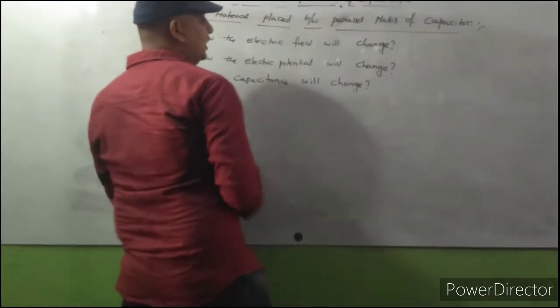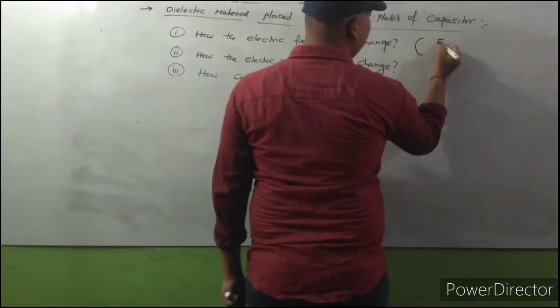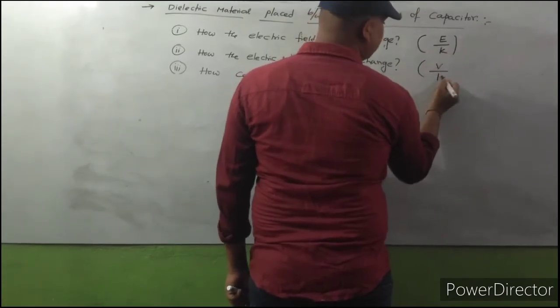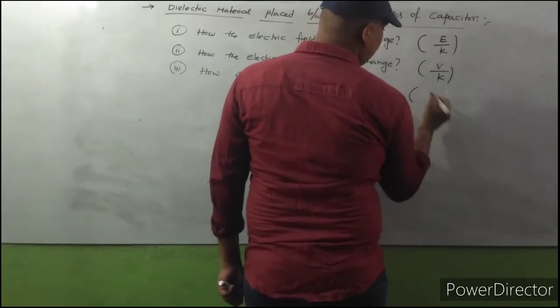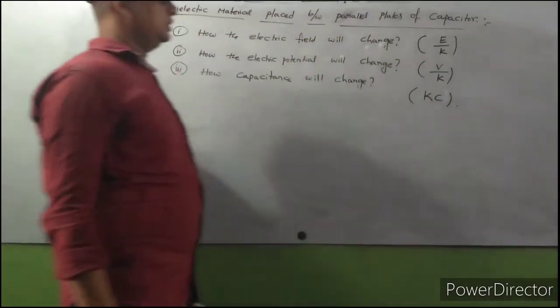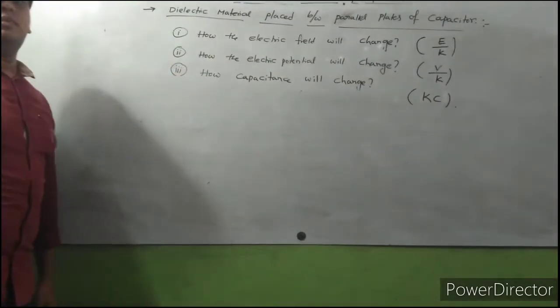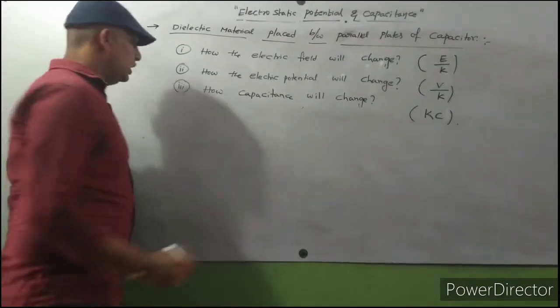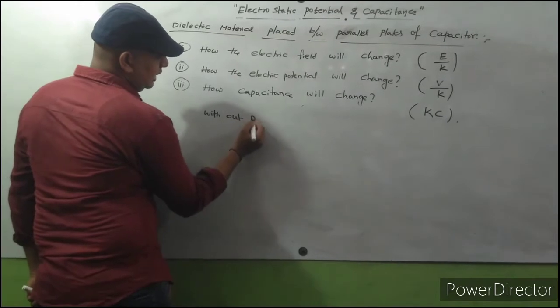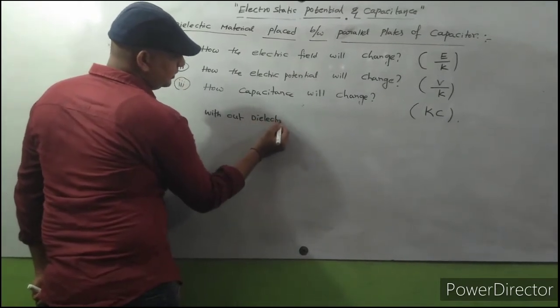So how will the electric field change? Electric field will change as E by K, potential will change as V by K, and capacitance will change as K into C. So this is the main theme. Here you can note down two columns: without dielectric material and with dielectric material.